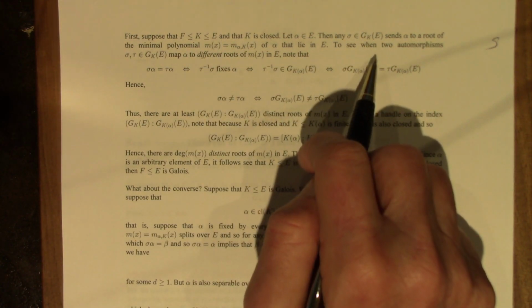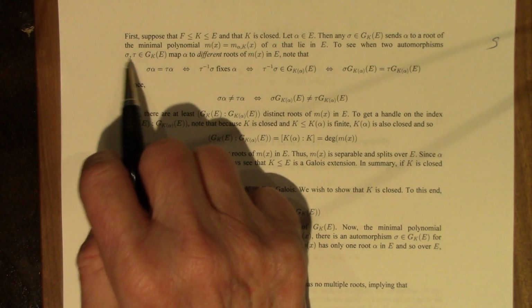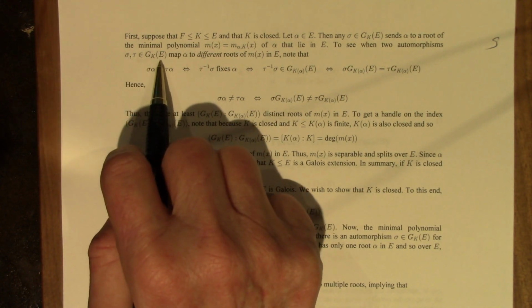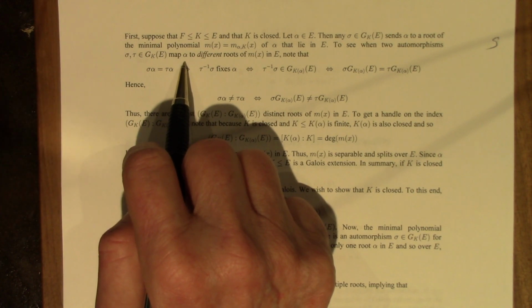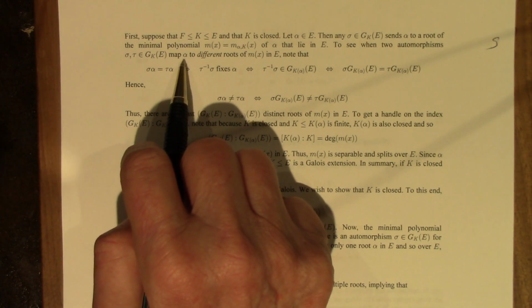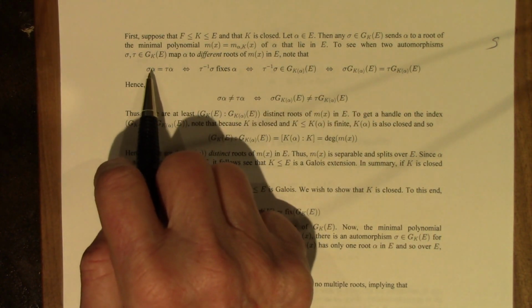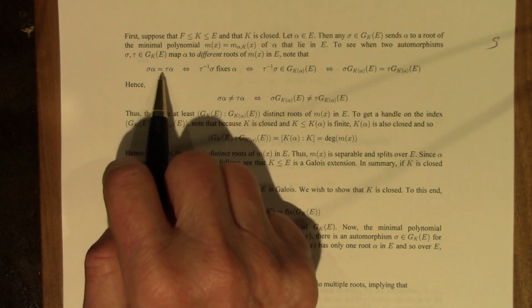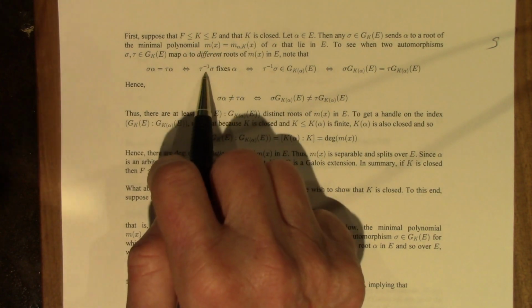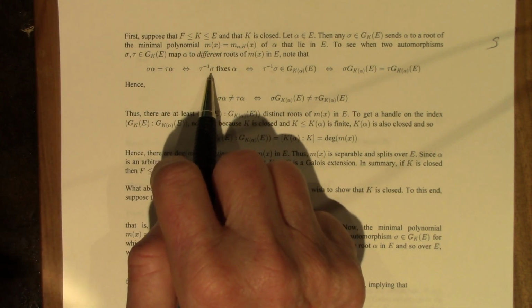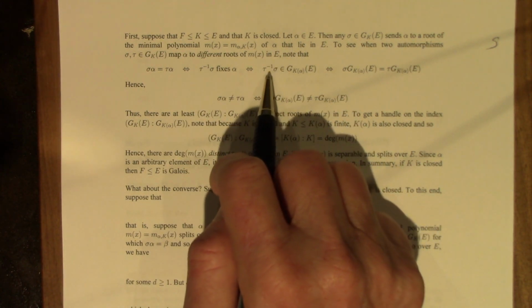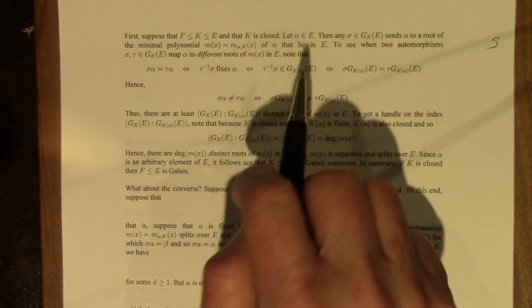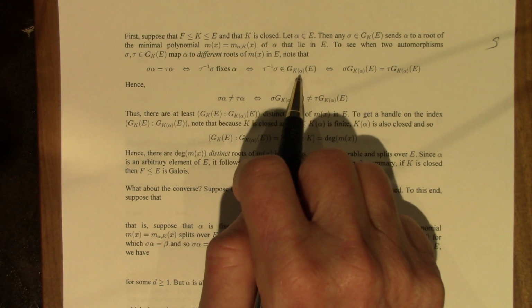To see when two automorphisms, sigma and tau, in this Galois group map alpha to different roots, which will give us a handle on how many different roots there might be, notice that sigma alpha equals tau alpha if and only if tau inverse sigma fixes alpha, or in other words, if and only if tau inverse sigma belongs to this Galois group.